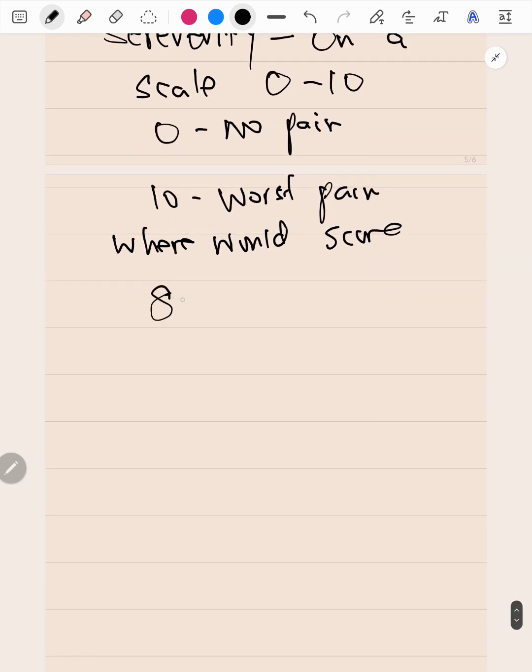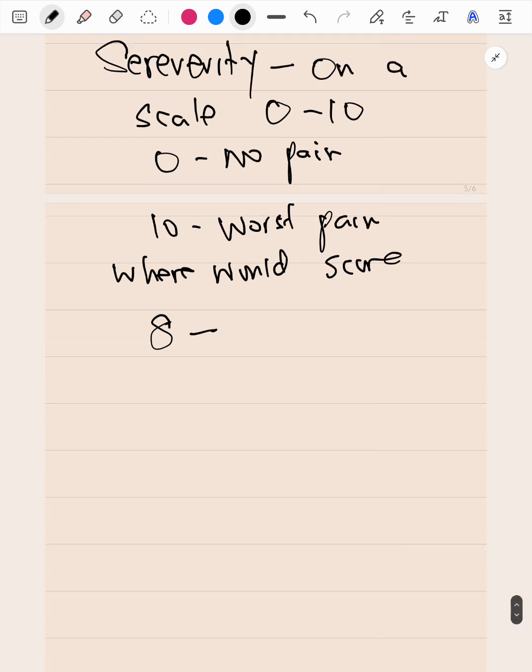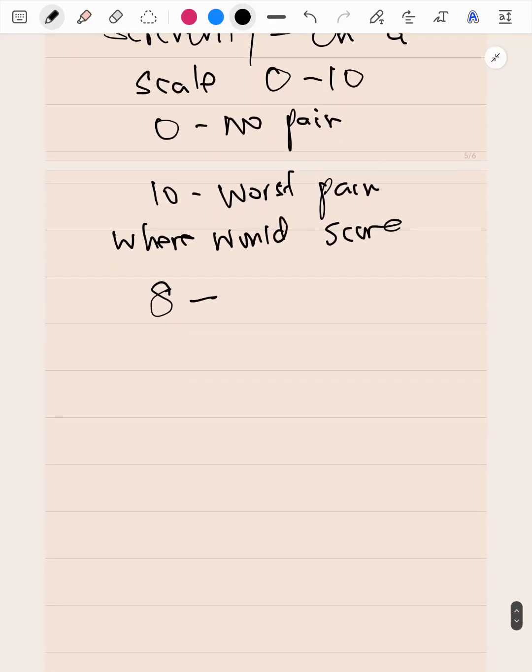If they tell you the pain score is anything above 8, you know this is very severe pain, and it will also guide the kind of painkiller you're going to give the patient according to your analgesic ladder. Now, finally, you ask about associated symptoms.